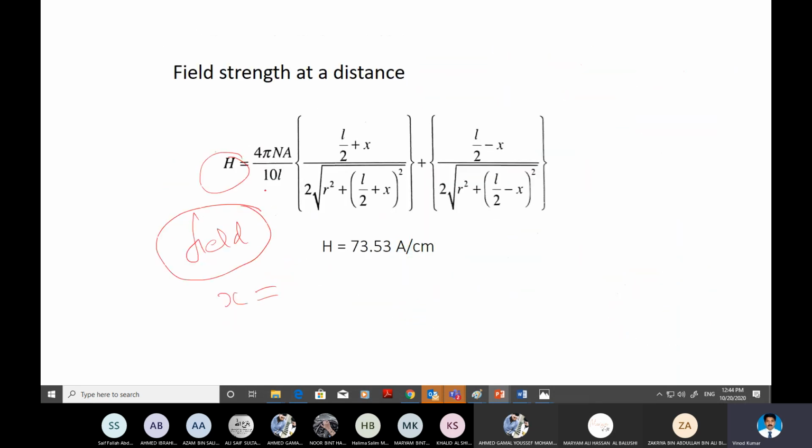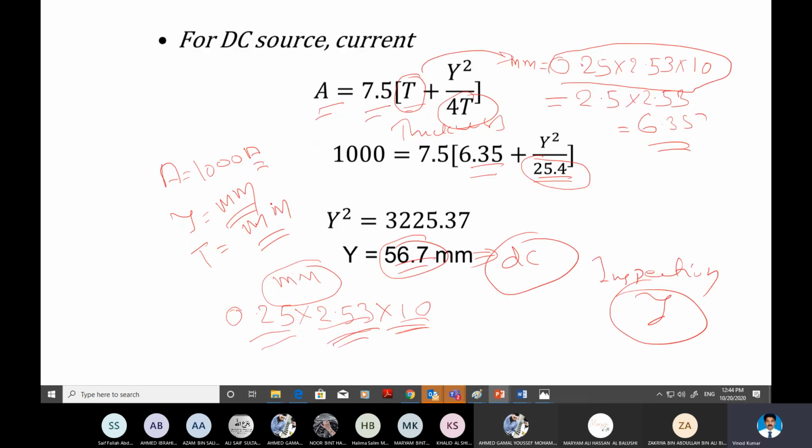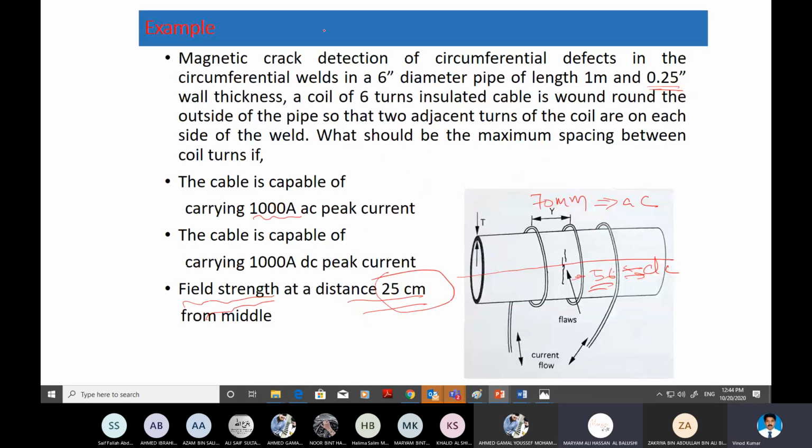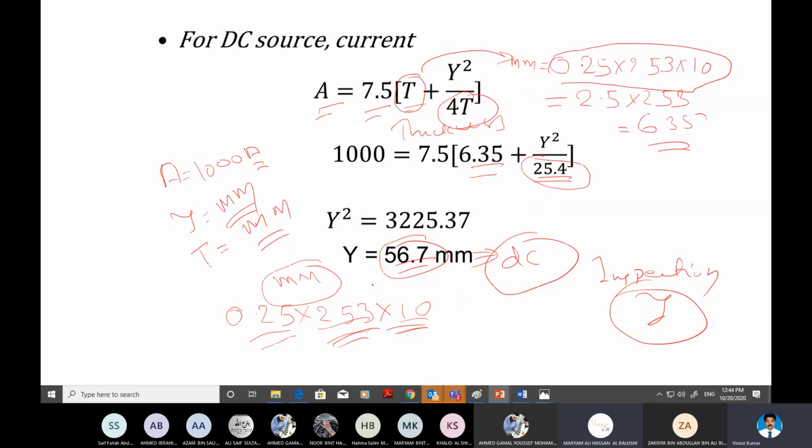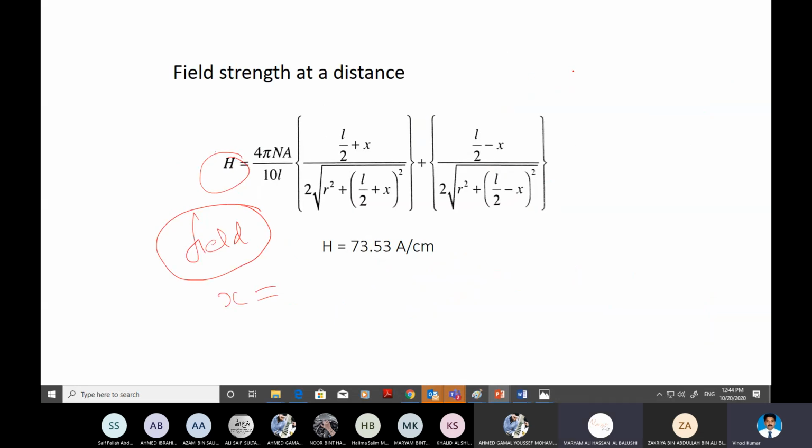To find the field strength, you need the radius given in the question. The radius is given as 6 inches diameter, correct? So how much will the radius be? Radius equals diameter divided by 2.